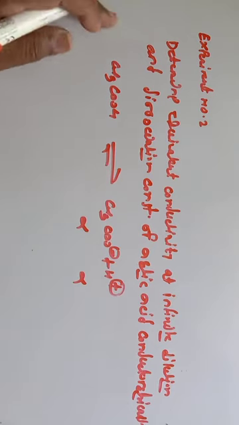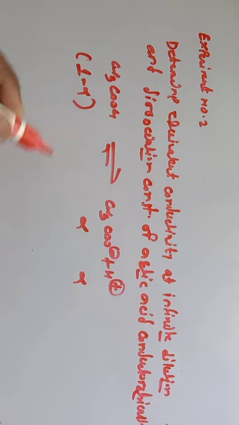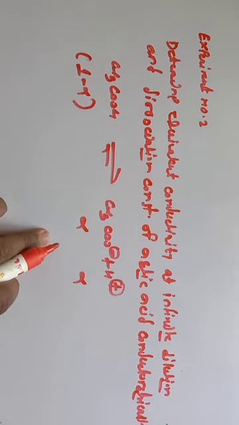The concentration of acetic acid which remains is given as 1 minus alpha, where alpha is the degree of dissociation.